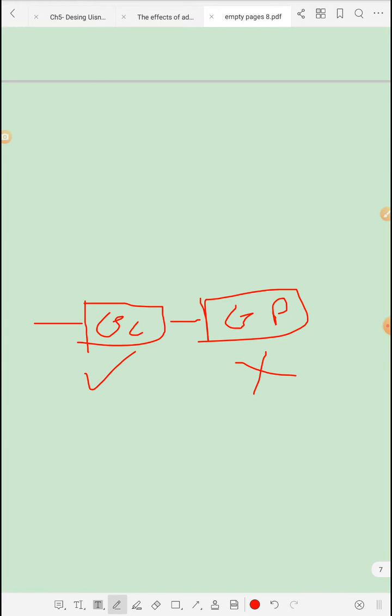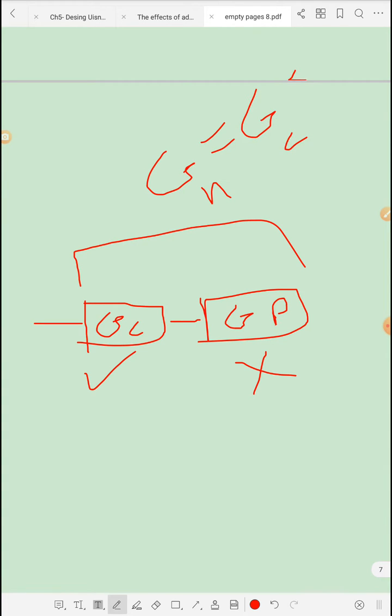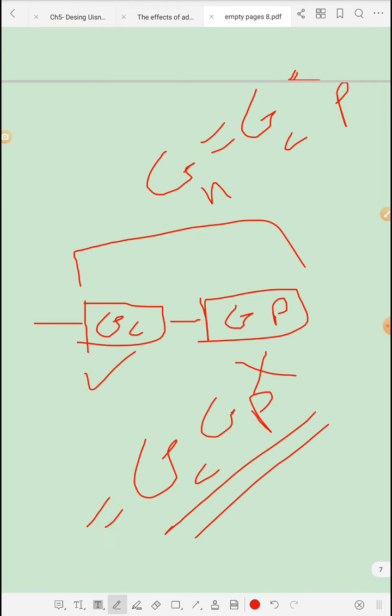and by introducing this controller, the new G will be GC GP, and based on that we are equivalently changing the overall forward path transfer function without exactly changing the plant transfer function, but using the controller, because any change of the controller will change the overall new forward path transfer function.